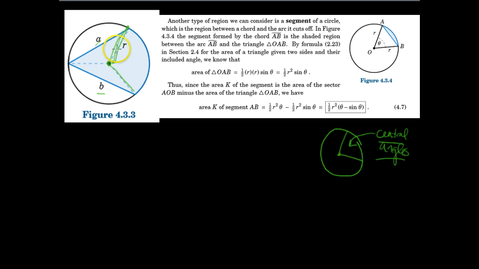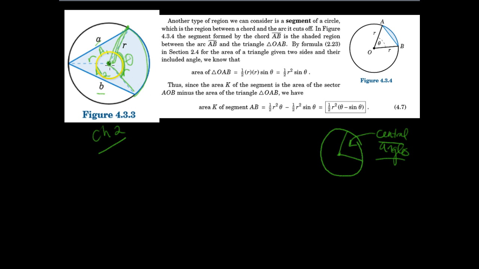So this is R, this is also R. If you recall from chapter 2, you can find the areas of the triangles, area 1 and area 2, using Heron's formula, because you've got all 3 sides. And then you can find this by calculating whatever this angle is, theta, and finding the area of this sector right here. So I just wanted to point out that this is something that you're very capable of doing.